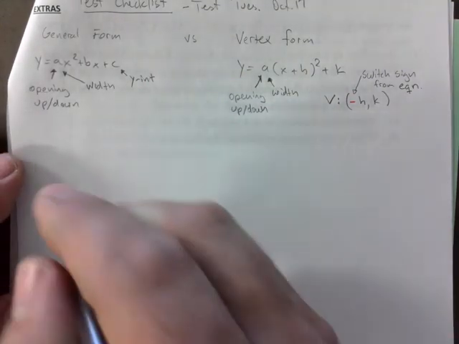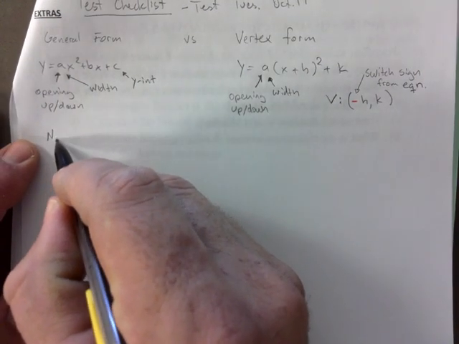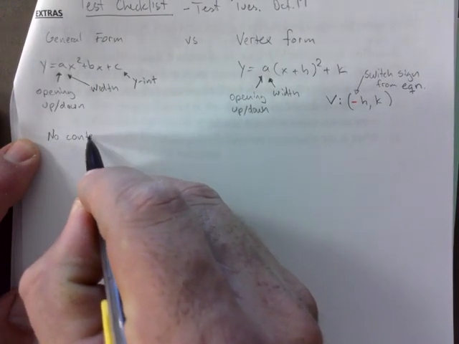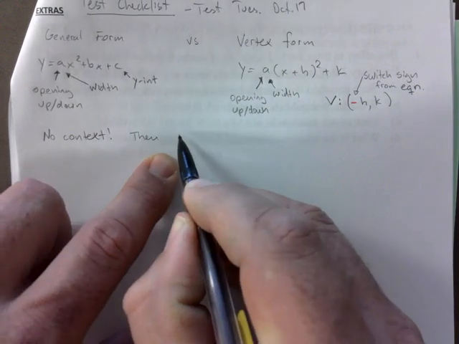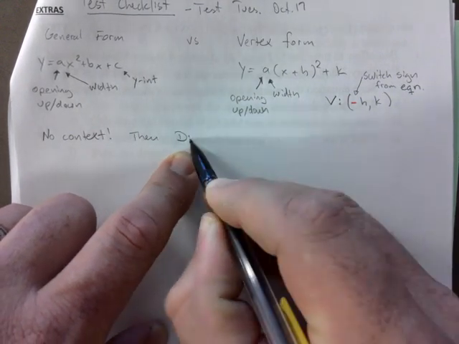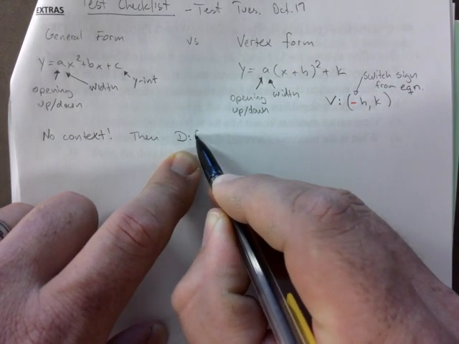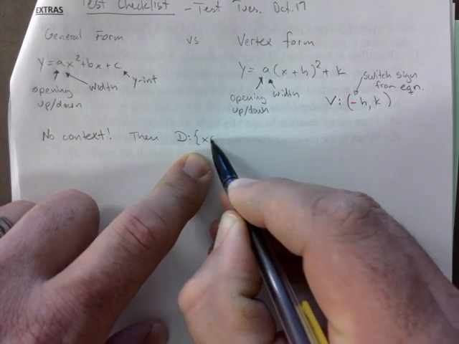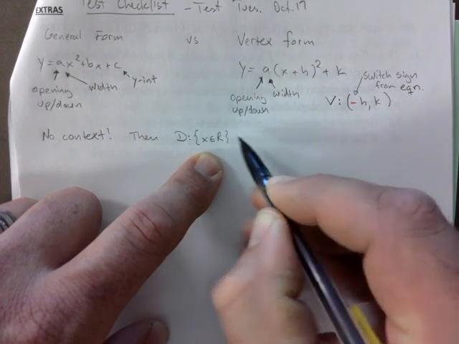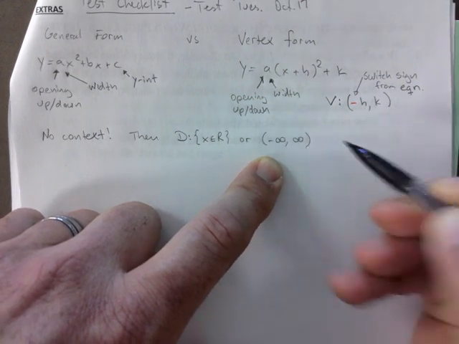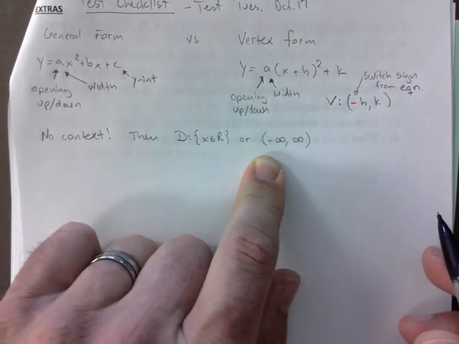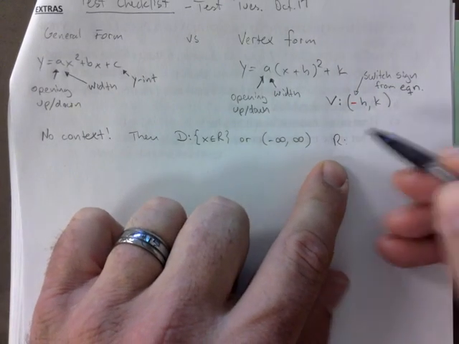For these ones, if there's no context, then what's my domain? All real numbers, right? X would be all real numbers, or negative infinity to positive infinity. My range will depend.